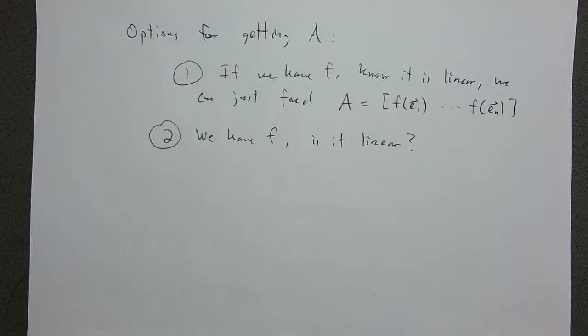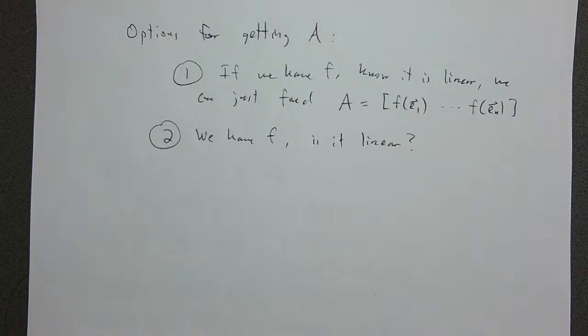Your description of f might be: let f be the transformation that rotates a given point pi over 6 radians about the point P, and then translates it in this direction by this number of units, and so on. That could be your description of f, and then it's up to you to see whether or not that's linear.